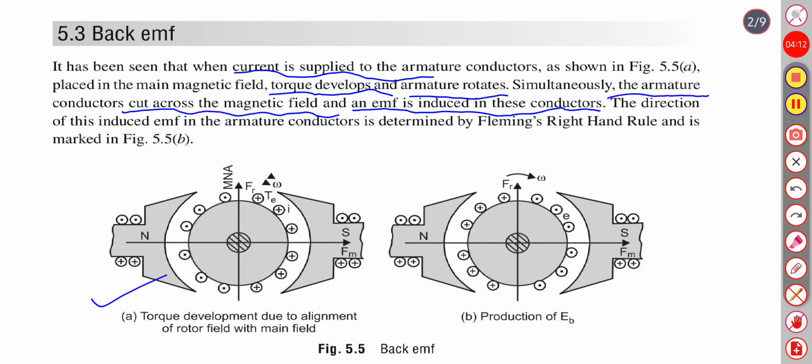The direction of this induced EMF in the armature conductor is determined by Fleming's right hand rule. Here, to find out the EMF induced in the conductor, we apply Fleming's right hand rule, not the left hand rule. Left hand rule is to find out the rotation of the motor.